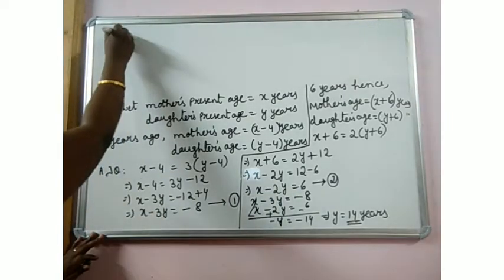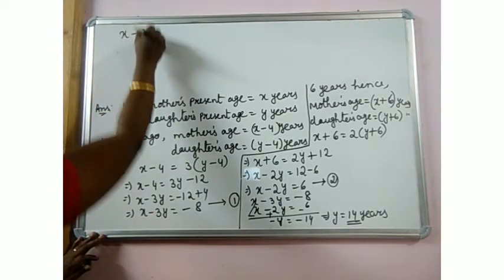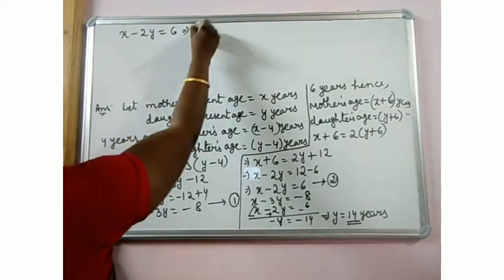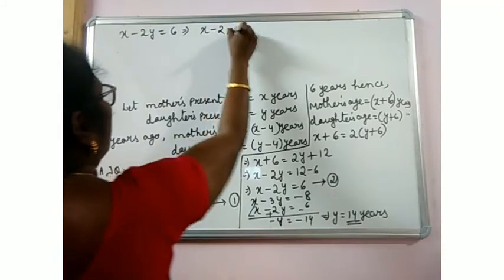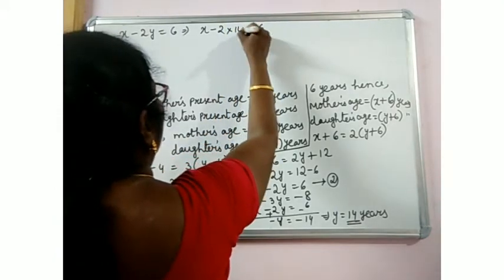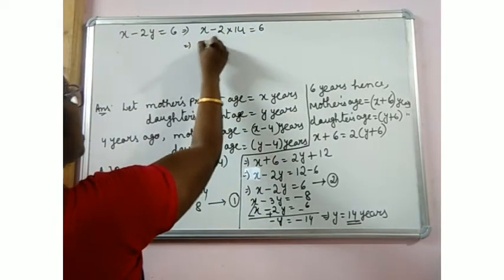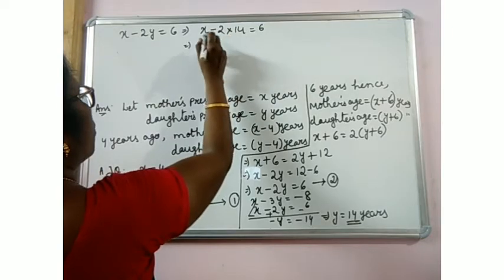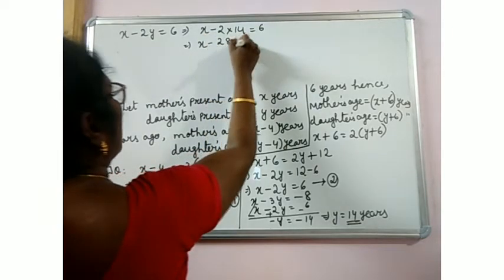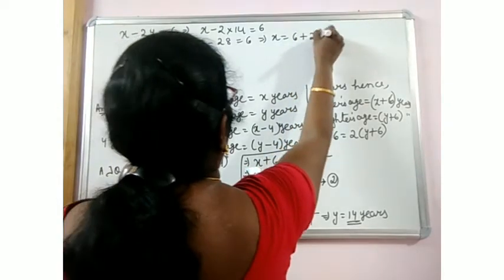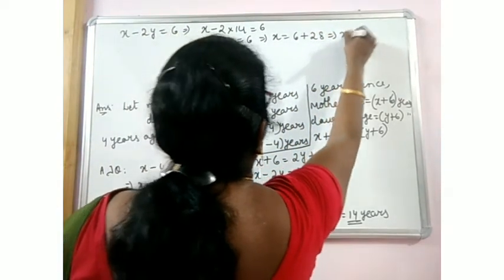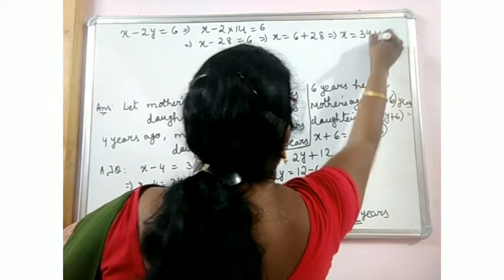X minus 2Y is equal to 6. X minus 2 into 14, the Y value we got, is equal to 6. That implies X minus 28 equal to 6, or X equal to 6 plus 28. That implies X is equal to 34 years.